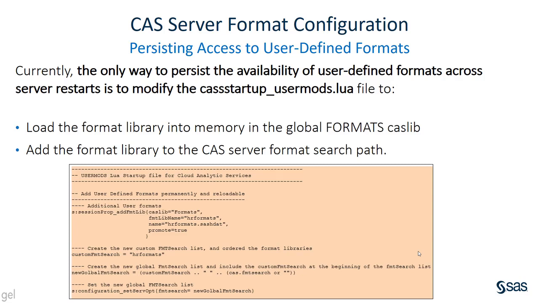So there's a disconnect between how the CAS server does it on a restart and the UI. The UI doesn't update these files for you. It just makes the change for the existing CAS server. So if you want it to persist across the restart, you have to make the changes in the CAS startup.lua, and we will do that this afternoon as one of the hands-on exercises, so you'll see how to do that.